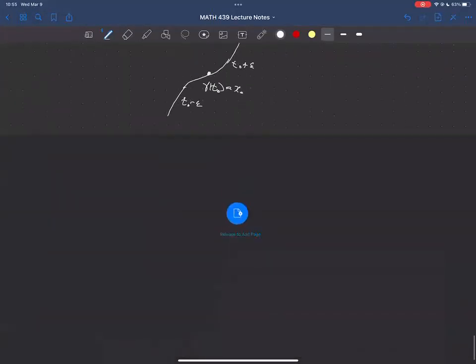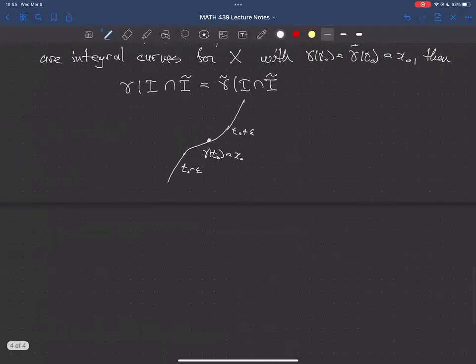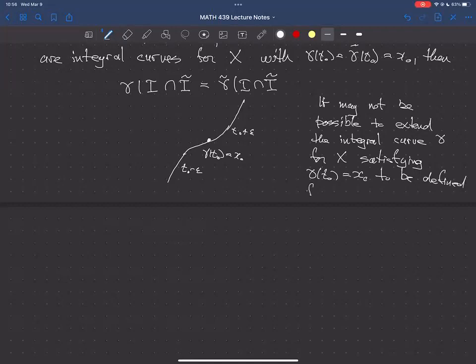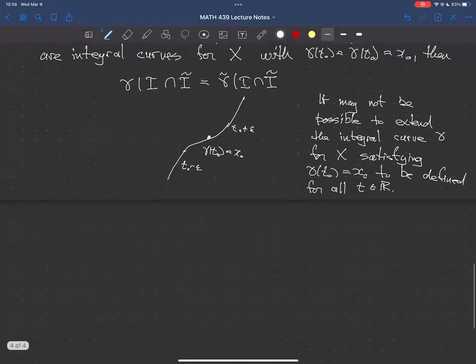So let me just say it may not be possible to extend the integral curve gamma for x satisfying gamma of t naught equals x naught to be defined for all t in R. Again, this is a simple example of that.